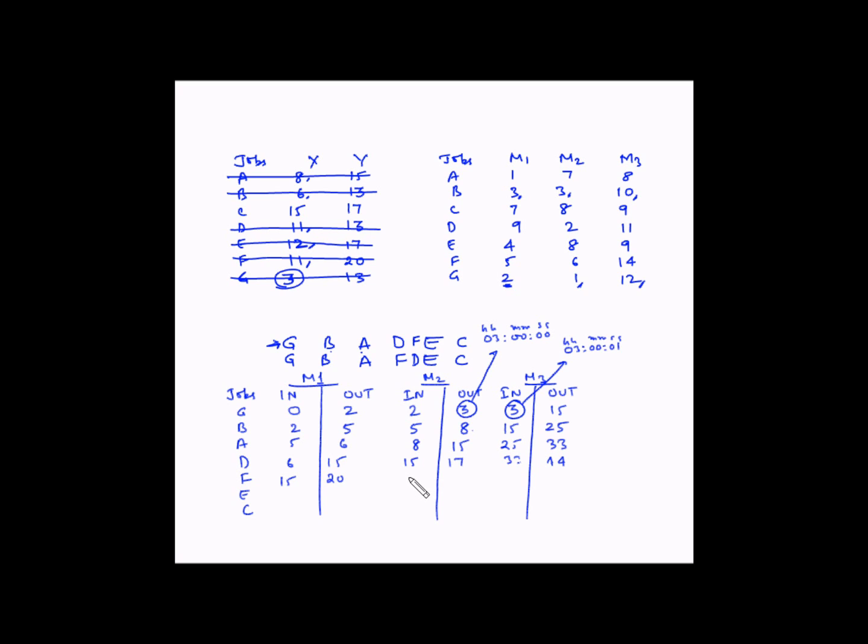For F on M2, start on the 20th hour and finish on the 26th hour. For M3, start on the 44th and finish on 58. Similarly for E, 20, 24, 26, 34, 58, 67, and for C, 24, 31, 34, 42, 67 and 76.